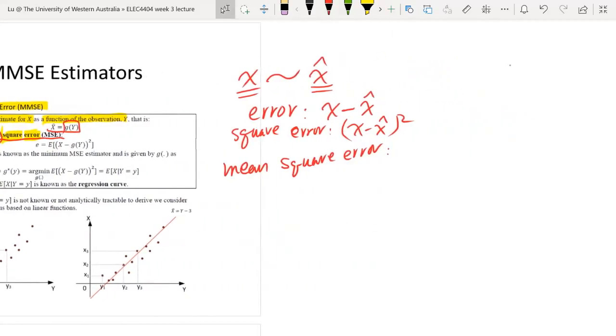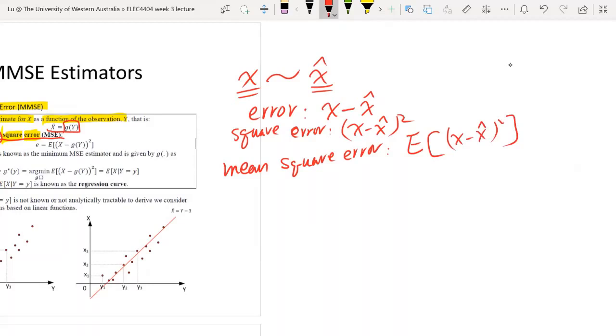Mean operation is actually the expectation of something. For example, the mean of x is the expectation of the x. The same thing, we want to calculate the mean. That means we need to calculate the expectation of the x minus x hat squared. So this is the reason for this name.